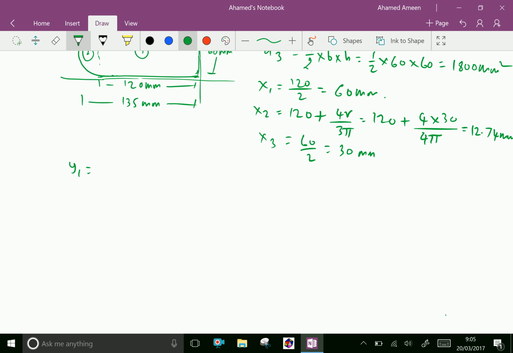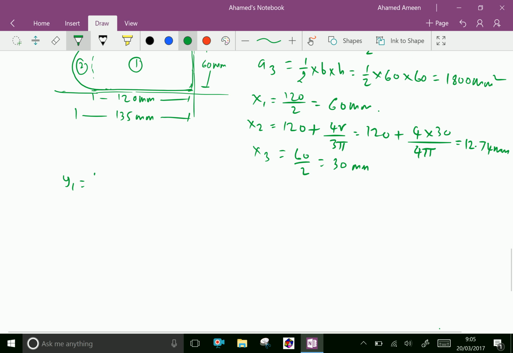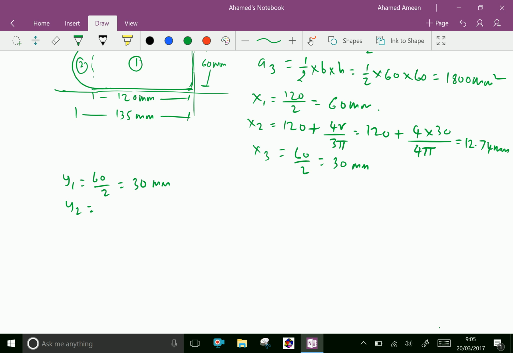Like that, let us calculate y1 from the base. Y1 is half of 60, 60 by 2 is 30 mm. Y2 equals the center of the semicircle from the base, which is 60 by 2, same 30 mm.